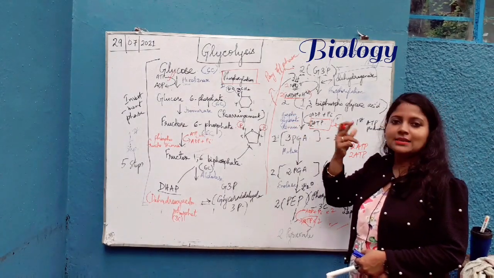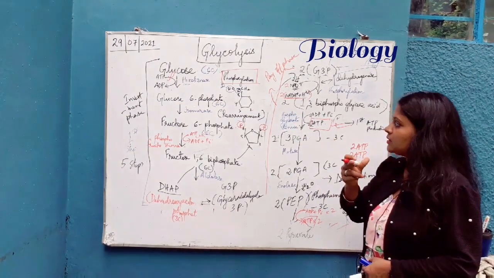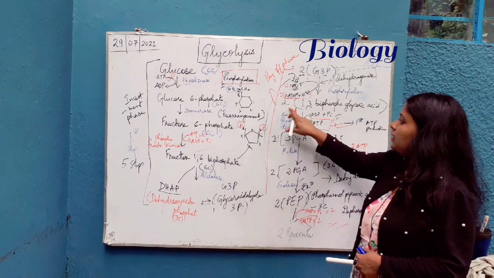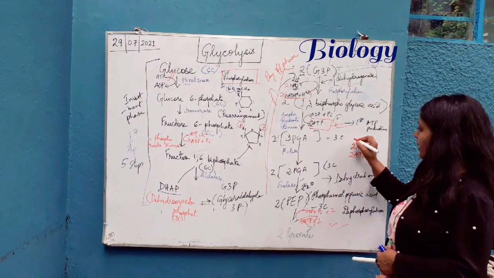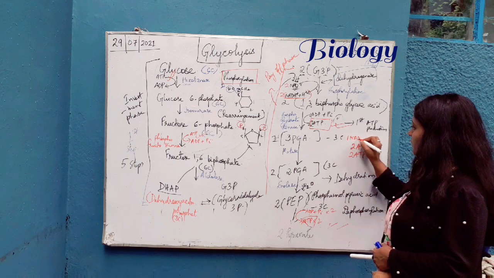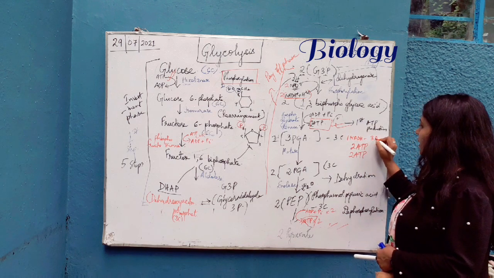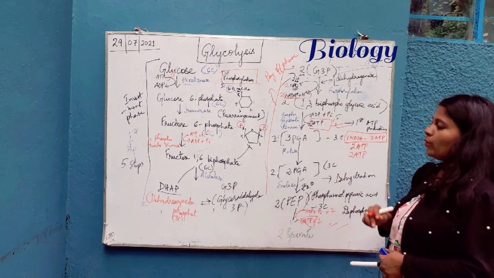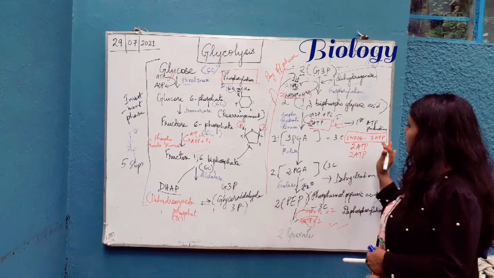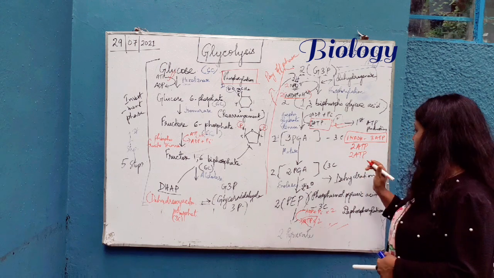That process I will explain while I am teaching the Krebs cycle and glycolysis together. So here, for each NADH, always keep in mind that 3 ATPs are produced. One NADH will always produce 3 ATP.